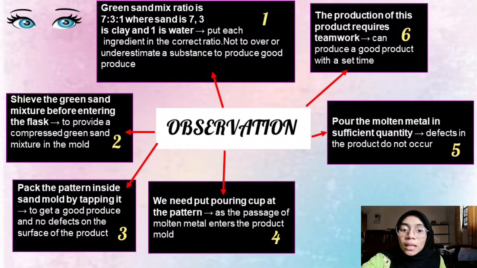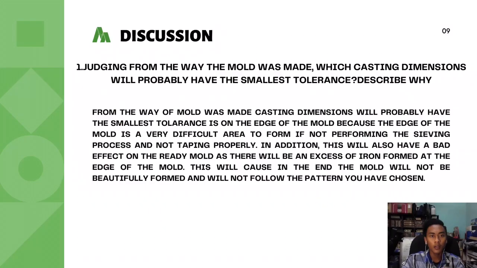And next, in the process we also have to pour the molten metal in sufficient quantity, so that defects in the product do not occur. Lastly, the production of this product requires teamwork, because then we can produce a good product within the set time.